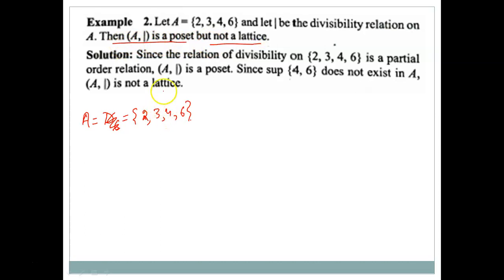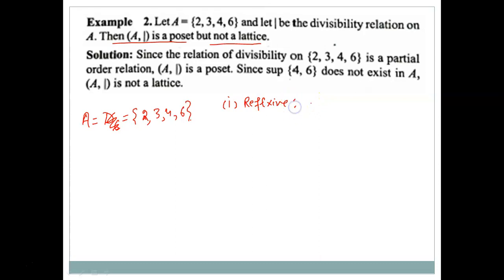First, let's see how it is a partially ordered set with respect to the divisibility relation. You see, every element is related to itself. For a partially ordered set, you must first prove reflexivity.